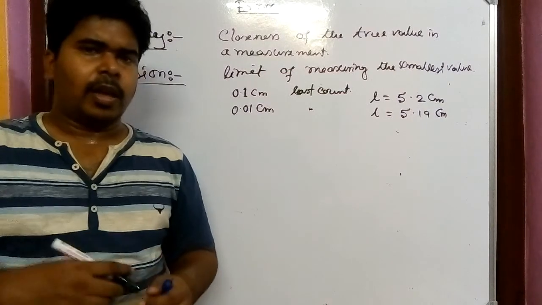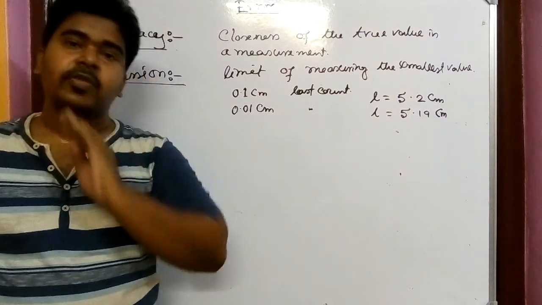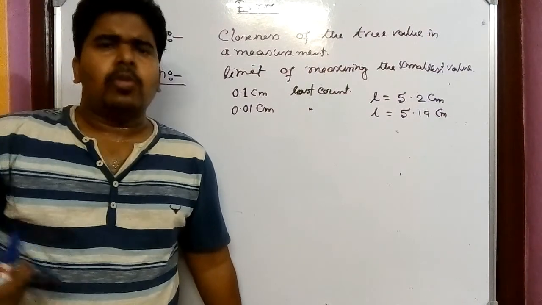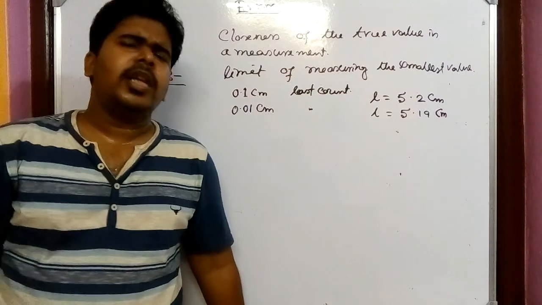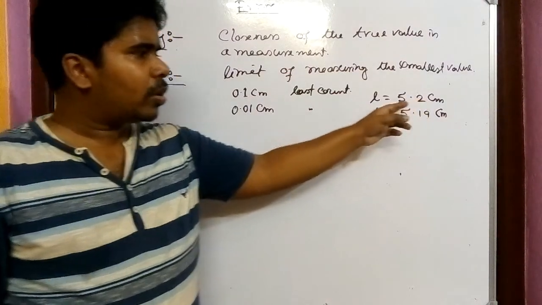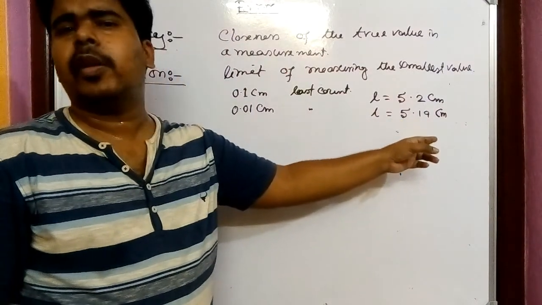Now I am making you remember that we learned significant figures in the previous video, and you may be doubting what is the need of learning significant figures. You see here, the more accurate the value, the more significant figures.